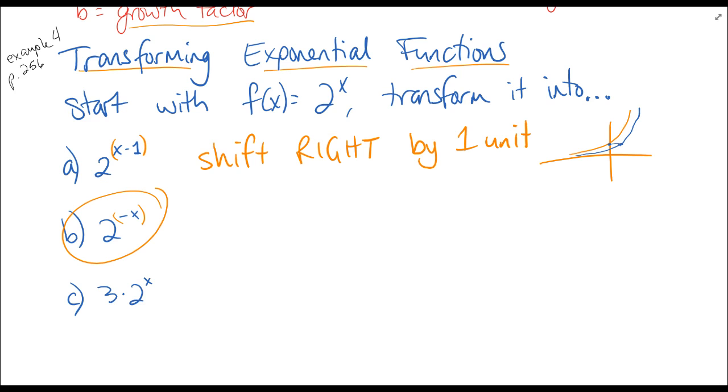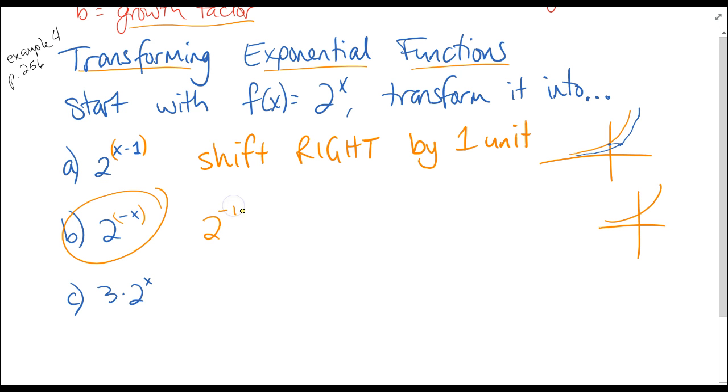So if you start with f of x equals 2 to the x, how can you transform it into 2 to the negative x? Well, let's go to the method that we had before. Let's review the graph. Original graph should look like this. Our graph here will be something different. So remember I said if you have a negative on that exponent, a good tactic to use is to rewrite it as 2 powers.